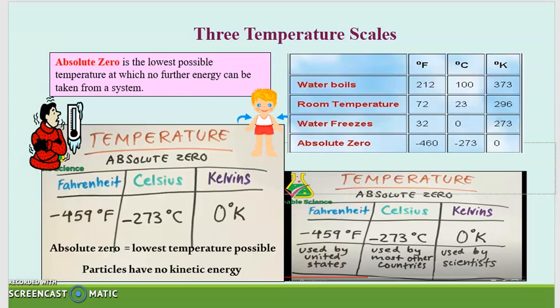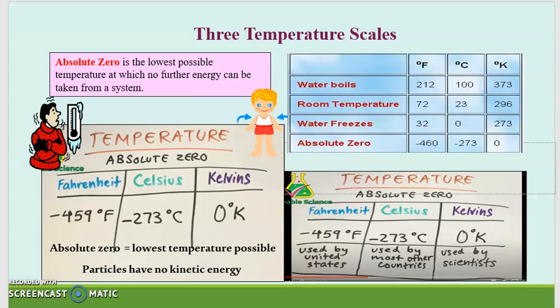For Kelvin it is 0 K, 0 Kelvin. Celsius is negative 273 Celsius. For Fahrenheit it is negative 459 Fahrenheit.